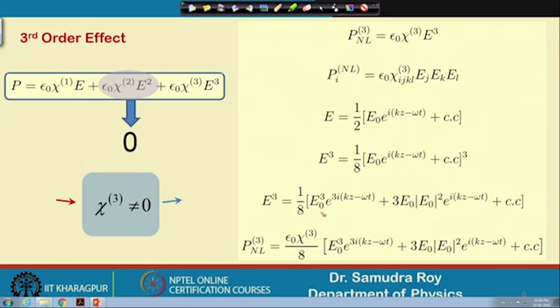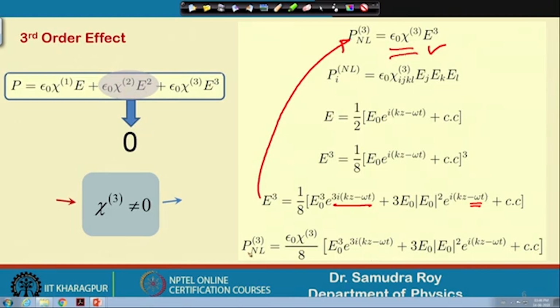Please note that in one term I will have a frequency component containing 3 omega, and in another term a frequency component omega. So, two different frequency components are coming when I make the E cube term. This E cube I now put in this expression, and I will have the same expression multiplied by epsilon 0 chi 3.